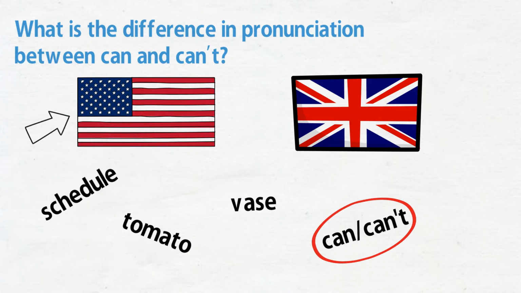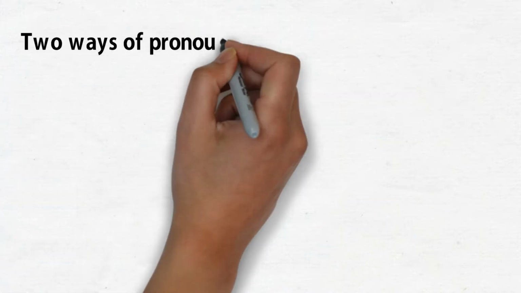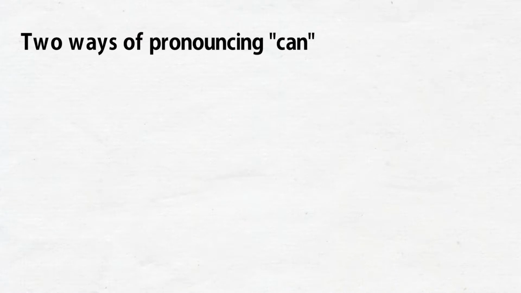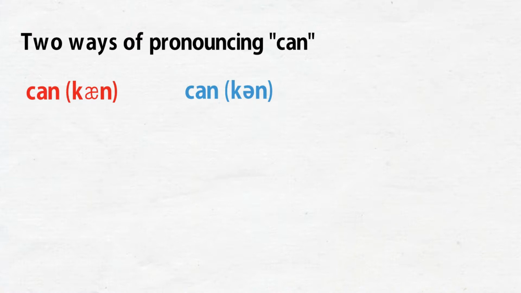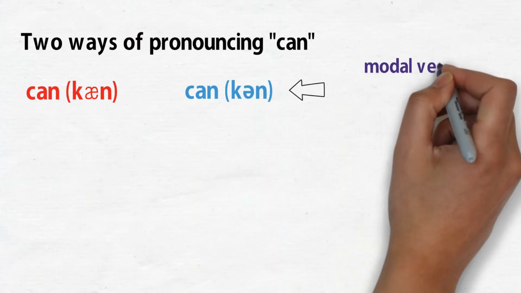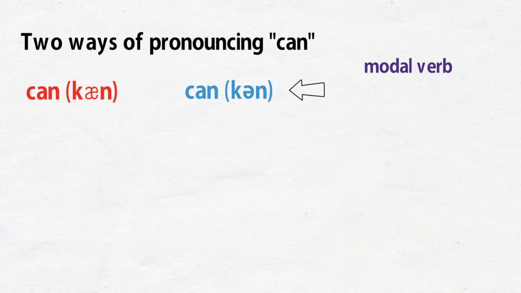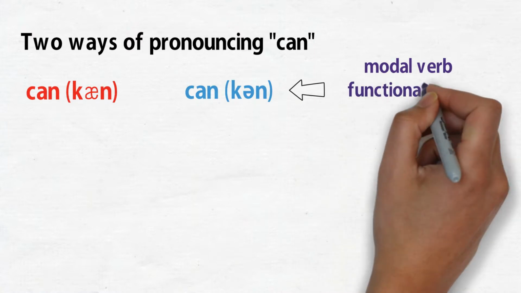I generally try to use American pronunciation when I'm speaking, so I'm going to focus on that while answering this question. The word can is pronounced in two ways: the long can and the short ken. One thing that you should know is that can is a modal verb, and it's also something that's called a functional word.